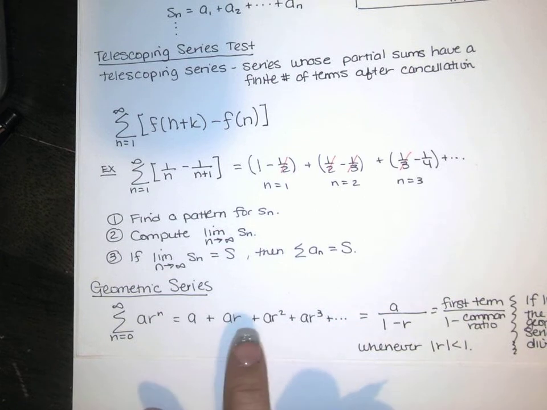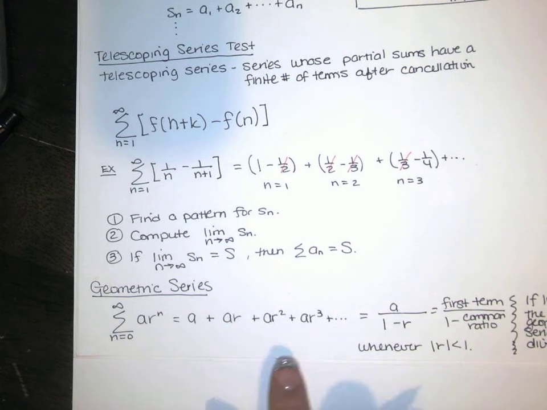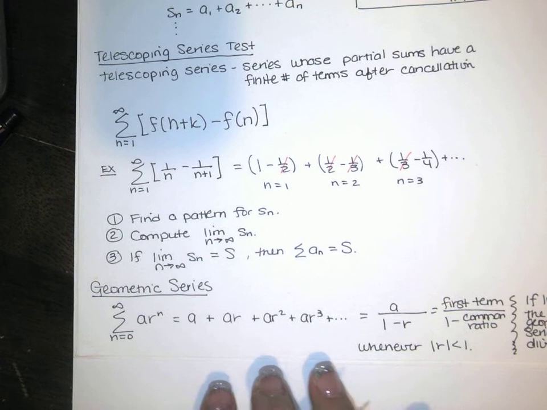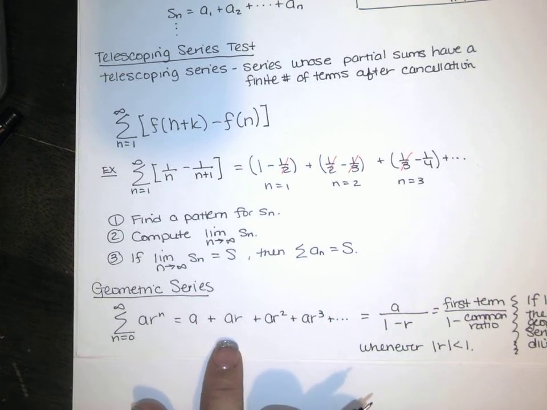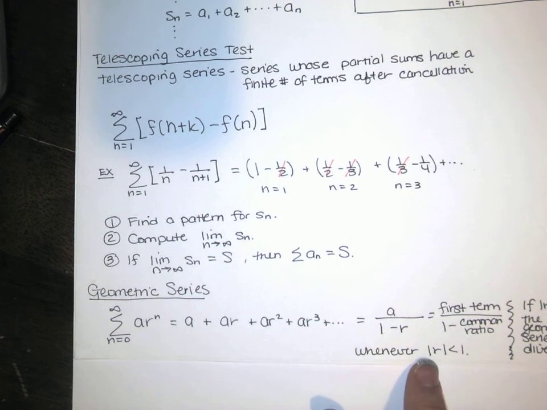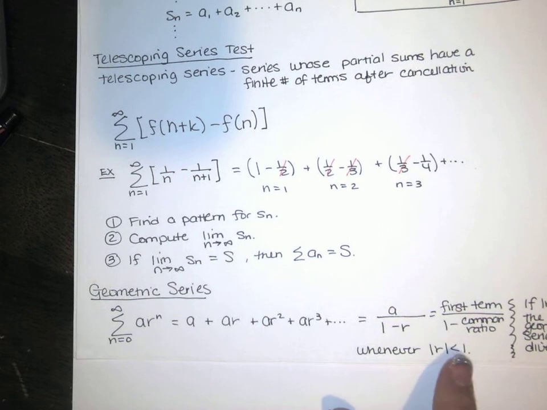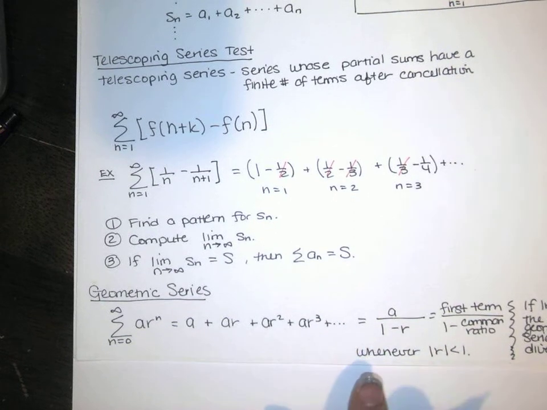Or if I expand it and I see that as I'm going from term to term, I'm always multiplying with the same number, it's a geometric series. Now, if that number that I multiply by is a proper fraction, so its absolute value is less than 1, which just means that it's a number between -1 and 1, not including the endpoints, then this converges, and it converges to the first term over 1 minus the common ratio.